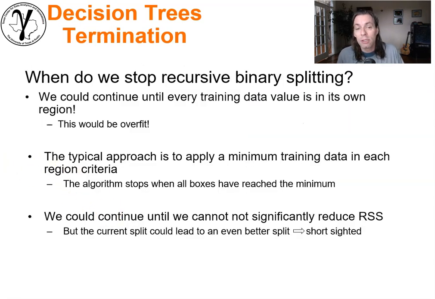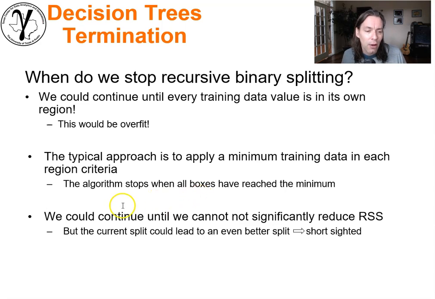Now we could keep splitting and splitting until every single training datum is in its own region, and that would of course be overfit. The typical approach is to apply some type of reasonable minimum number of training data per region. The idea is you have to infer a most likely category, or an average for a continuous regression model, in every single one of those regions. So you really do need more than one datum to do that.